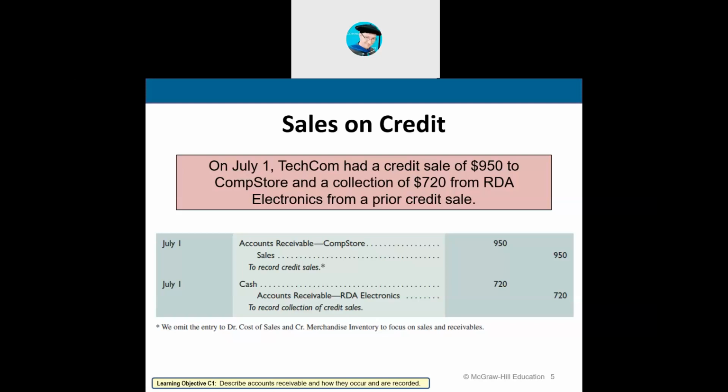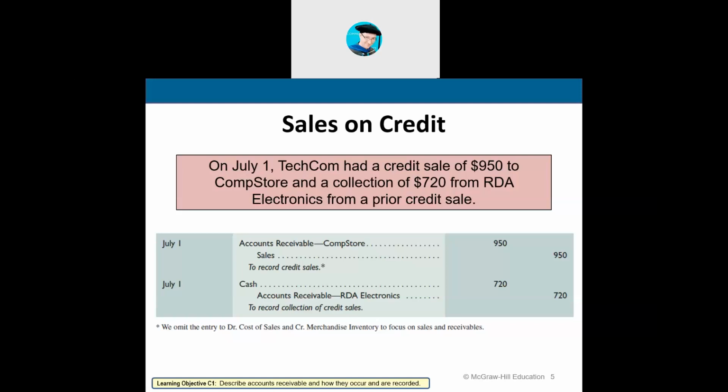So accounts receivable, as you recall, is an asset account. It's an asset account because we are going to be receiving cash from a customer. Cash is an asset, right? Accounts receivable is an asset because we own the rights to those accounts. We own the right to collect those accounts. That's why they're asset accounts. To debit an asset account means to increase the asset account.